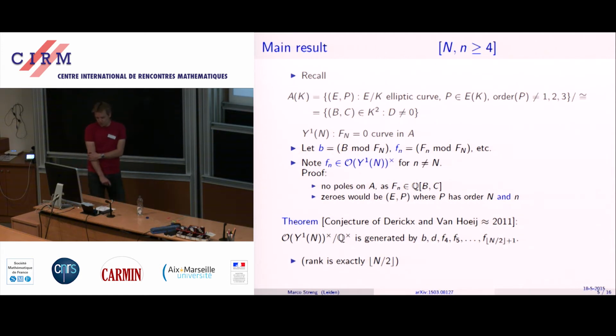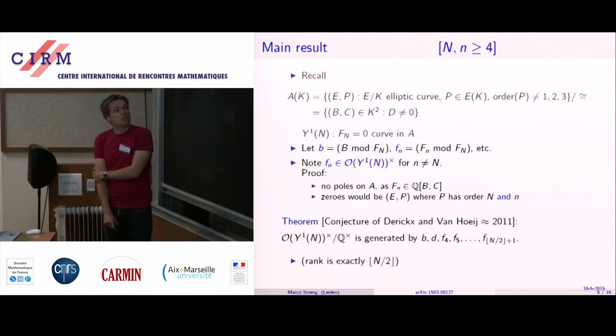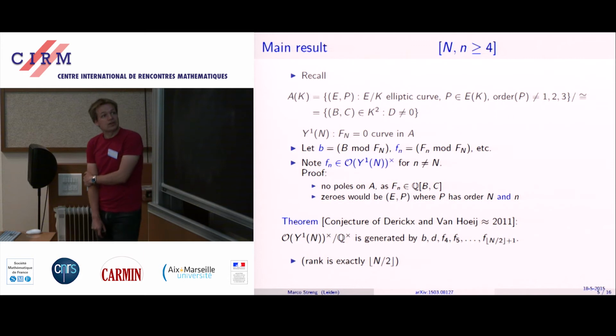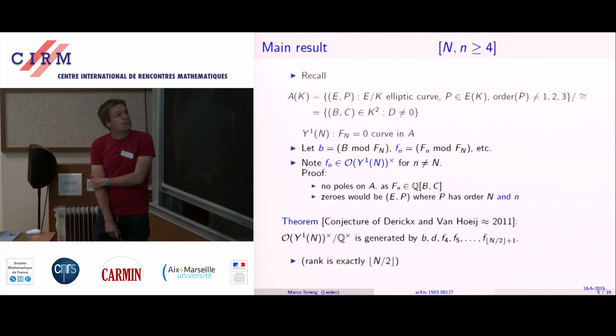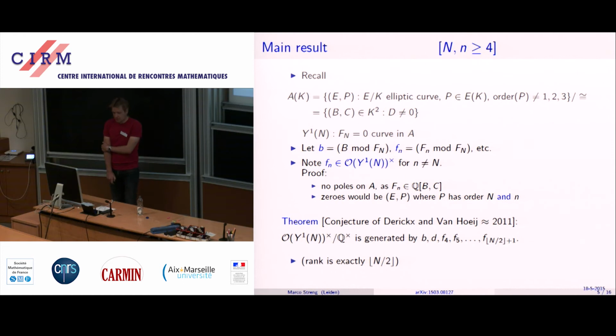And then two more functions, b, which was the polynomial ring generator, and d, which is the discriminant of the Tate normal form. So these functions generate that group, at least for N up to 100. They observed this, and then they conjectured this in general. Maarten Derickx presented this conjecture at ANTS in 2012, when was it, 12? And so this is the result that I want to present in this talk, a proof of this.